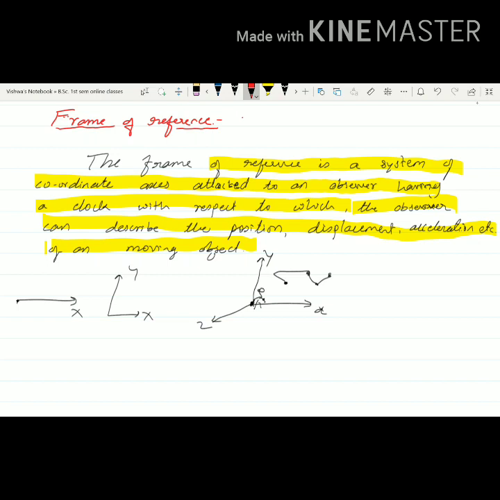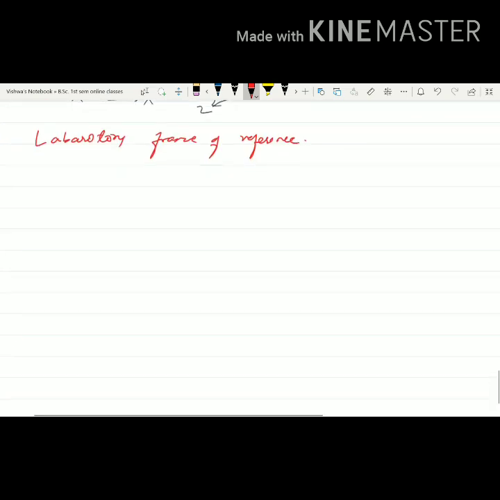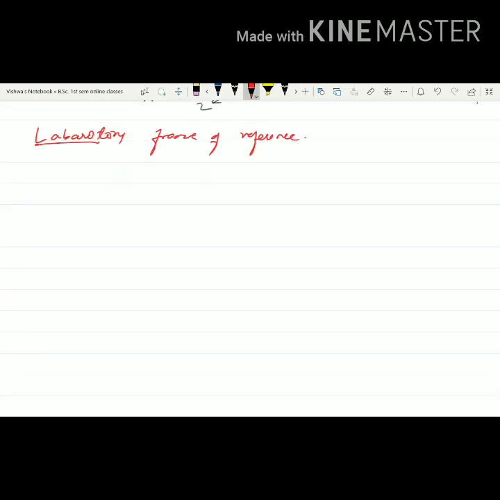So one is the laboratory frame of reference. Laboratory frame of reference means a frame of reference attached to a laboratory.